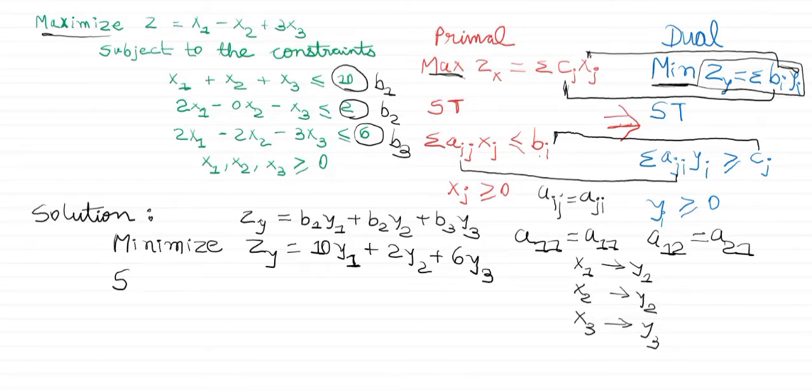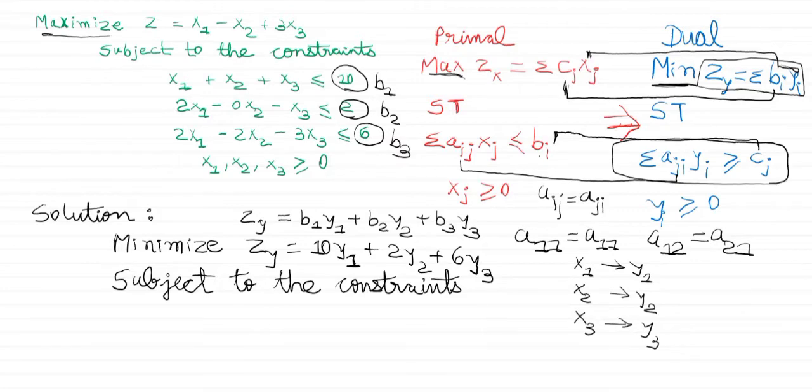Then subject to the constraints, we'll write it as sigma aji greater than or equal to Cj. What is our Cj?